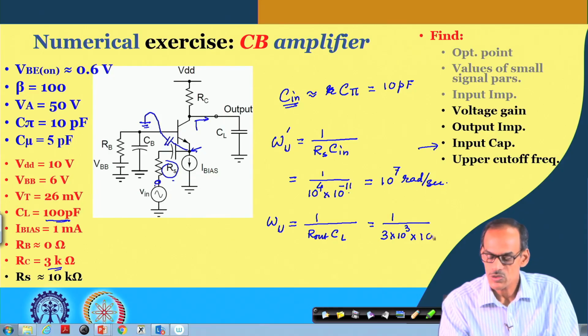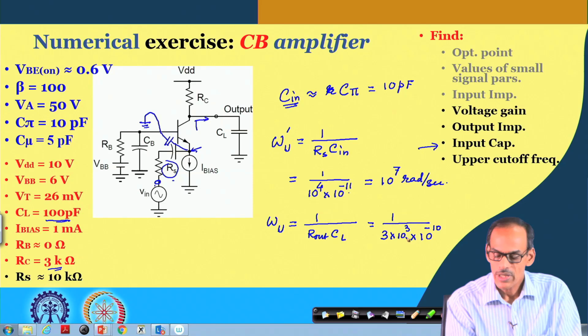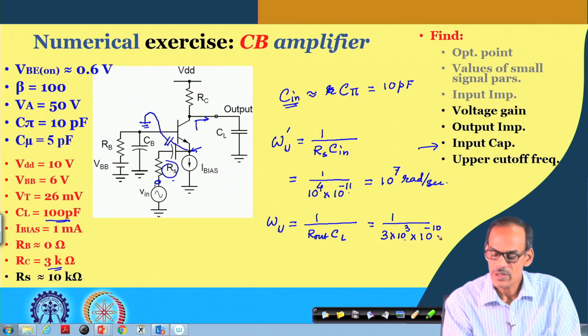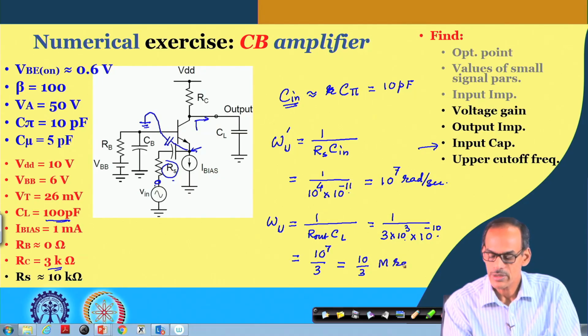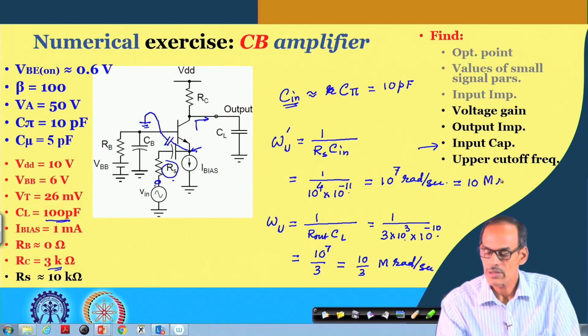So, that is 10 to the power minus 10. So, that gives us here again 10 to the power minus 7. So, in the numerator it becomes 10 to the power 7 divided by 3. So, I should say 10 by 3 mega radian per second, and this is 10 mega radian per second.